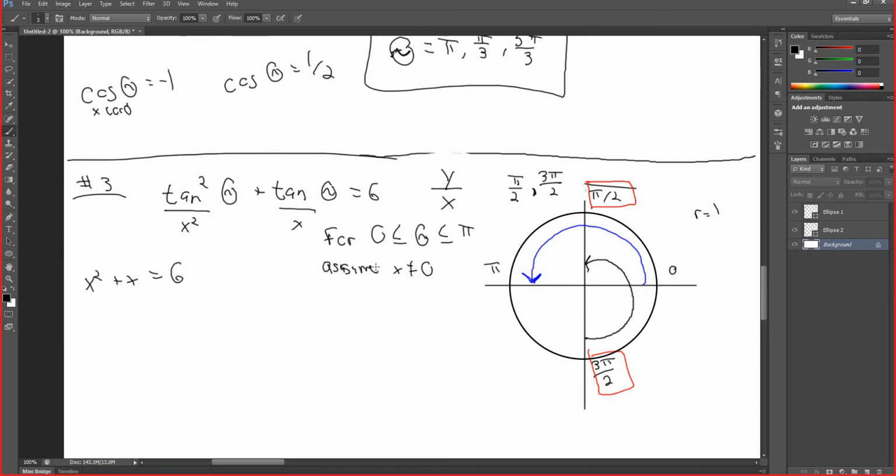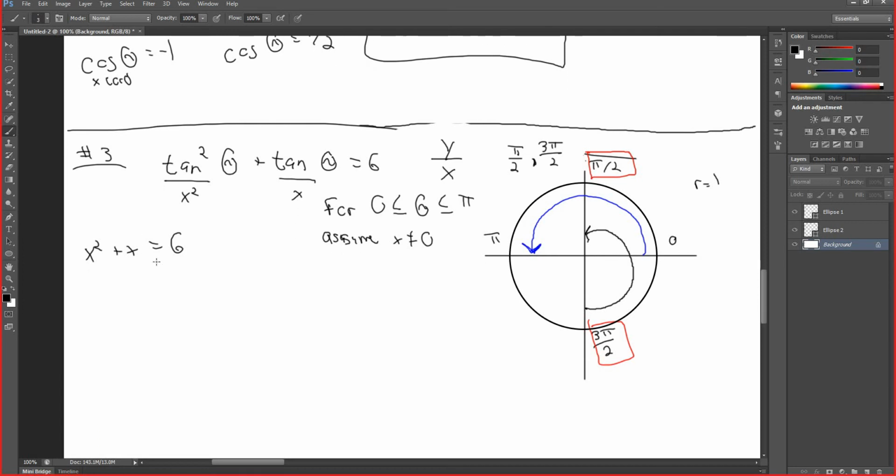And how would I go about solving this one? You'd subtract 6 first. Perfect. So I have x squared plus x minus 6 is equal to 0. And then I could do either quadratic formula or I could do factoring. I believe we get nice factors for this one.